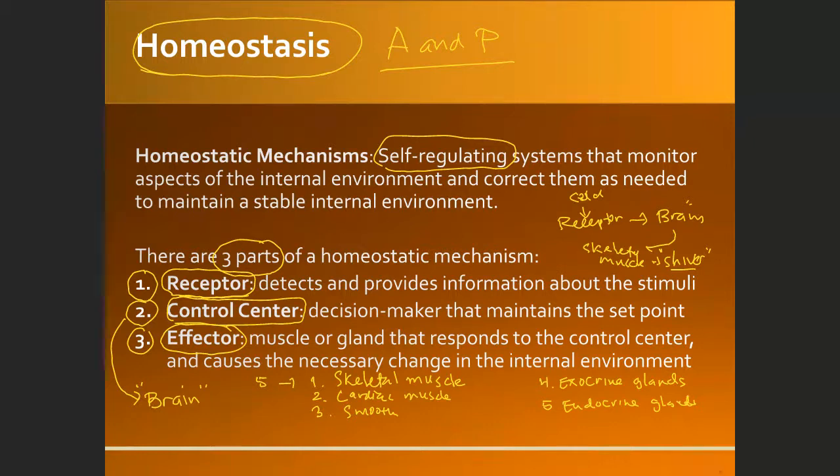This response produced by the skeletal muscle, shivering, will increase body temperature and make our body stay within normal body condition. This is what we call the actions in performing homeostasis, and the feedback we have here in this example is the negative feedback system.